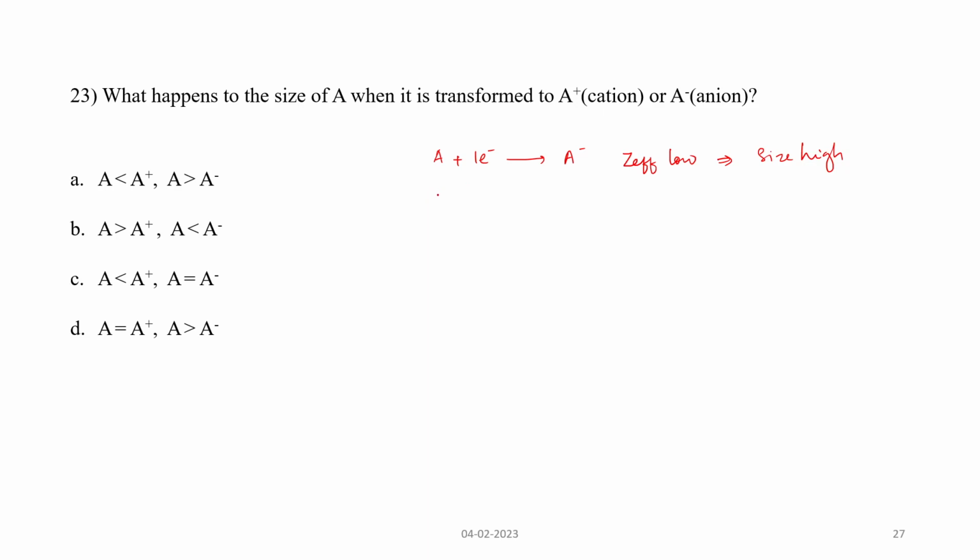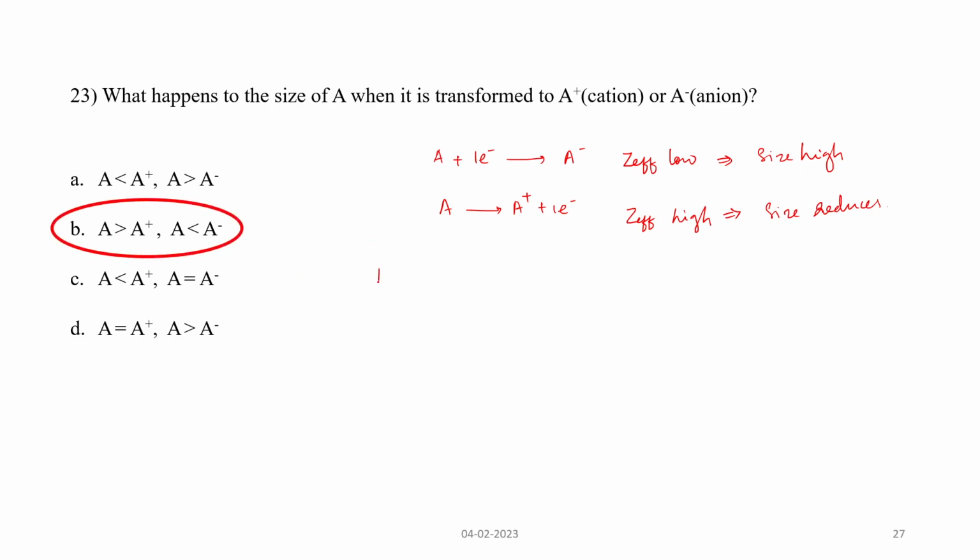And when we form a cation, we are removing one electron from the element. So the effective nuclear charge will be high. So size will be reducing. So option B is the answer.